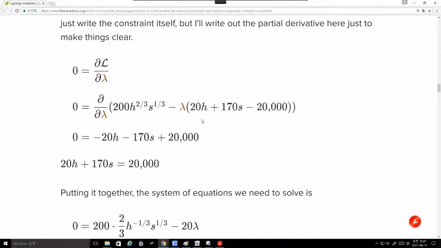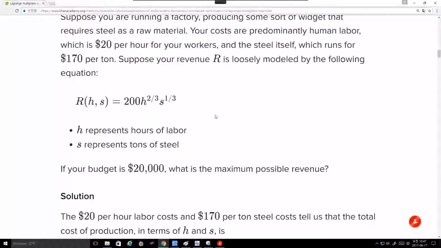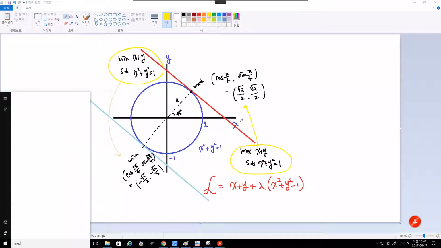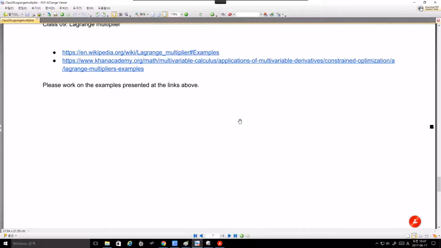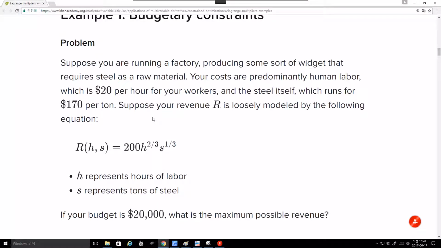So in this article, again, to solve the problem, let's take a look at this problem again.